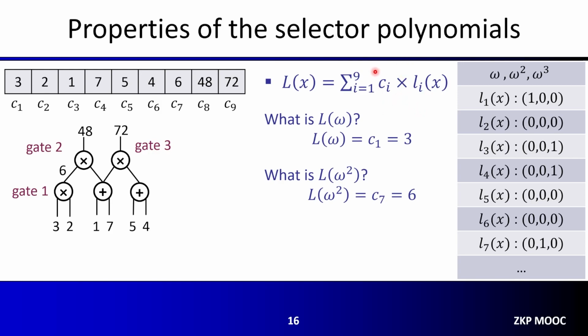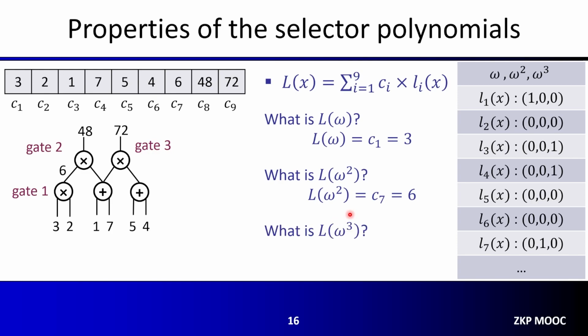So we are computing C7 times L7 omega squared, that is C7 itself, equals 6. And what is this 6? That is basically the left input of the second multiplication gate here. So we are selecting the left input of the second gate out of all these values from the trace.